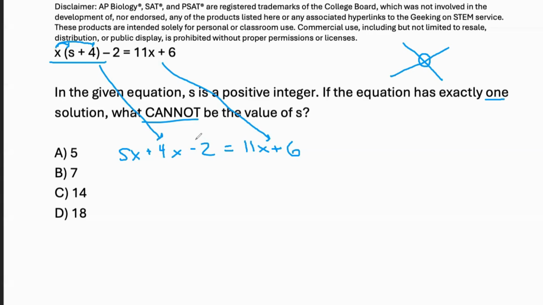The thing that you need to note is because there's exactly one solution, the coefficients of x have to be different. If the coefficients of x are the same and the constants are the same, this means that the equation will have an infinite number of solutions. You want to think of lines that are superimposed one on top of each other. Let's redraw that. So one line, and say that we have another line that they're superimposed on each other.